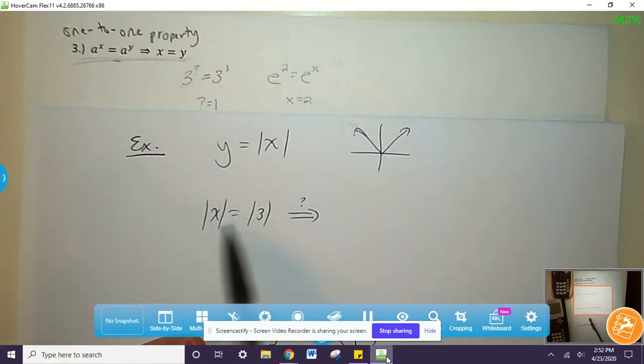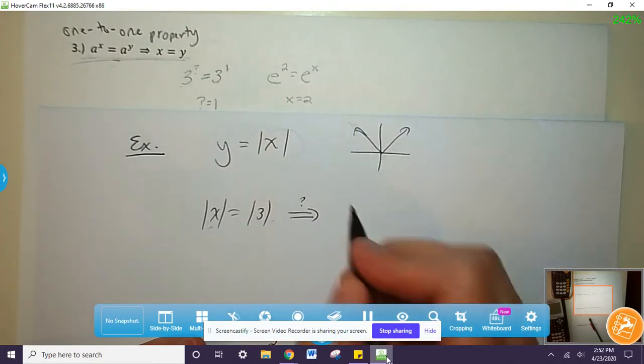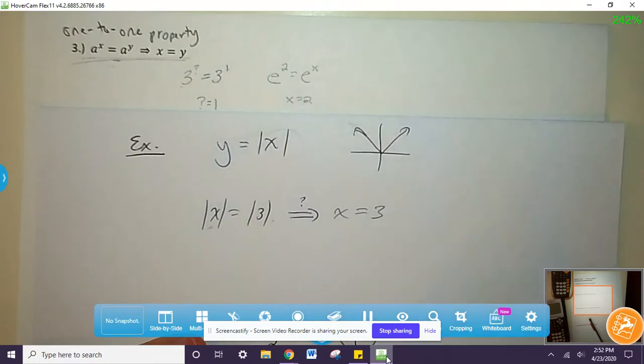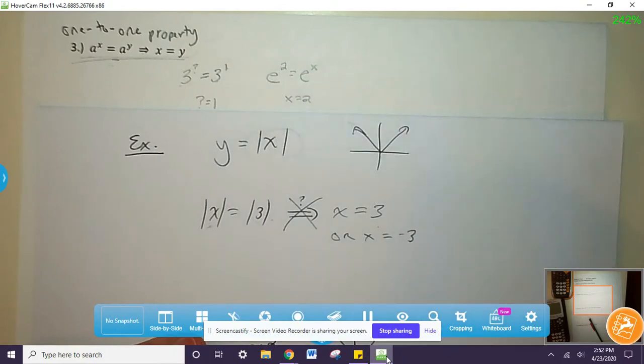If absolute value of x equals absolute value of 3, can you use the same idea we just used? Can you just assume that x had to be 3? It does not, because what else could x have been? x could have been negative 3, we really don't know.